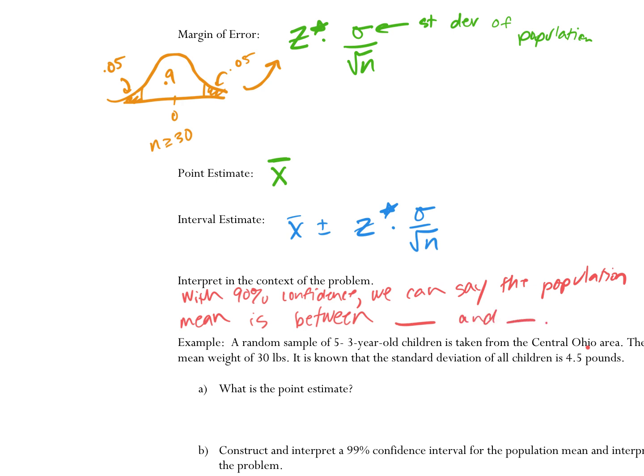So again, the goal is we have our sample mean, which estimates the population mean, and then we get this interval such that somewhere in that interval is the population mean. Okay? Let's do an example.